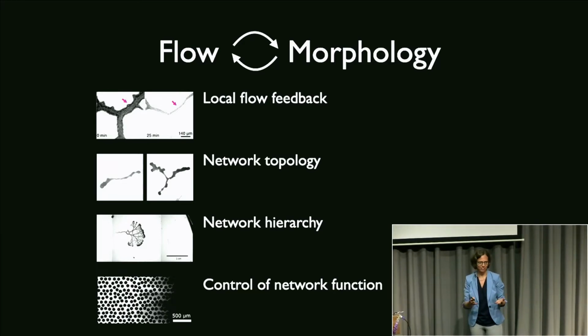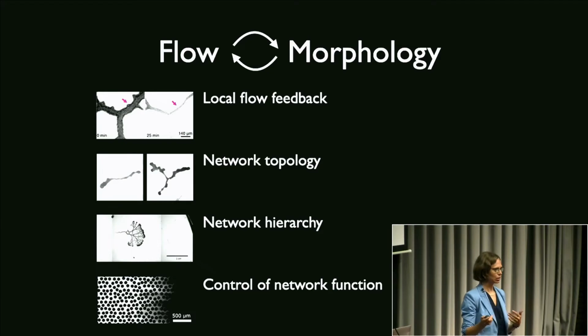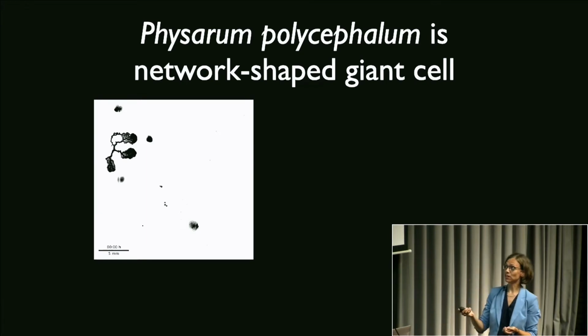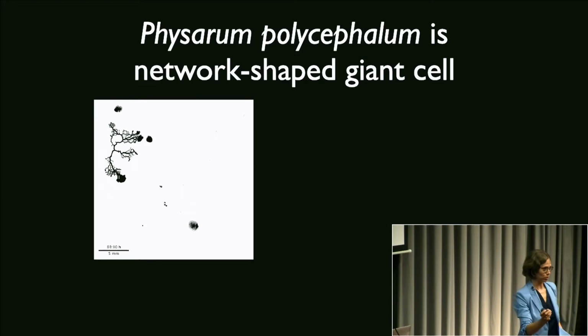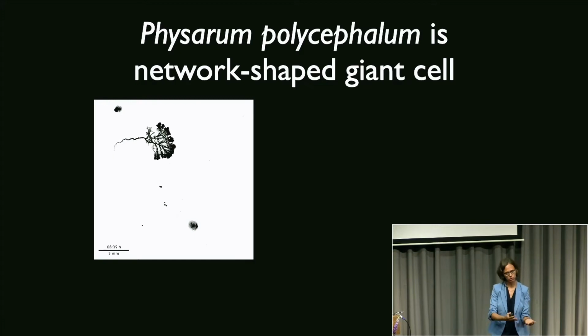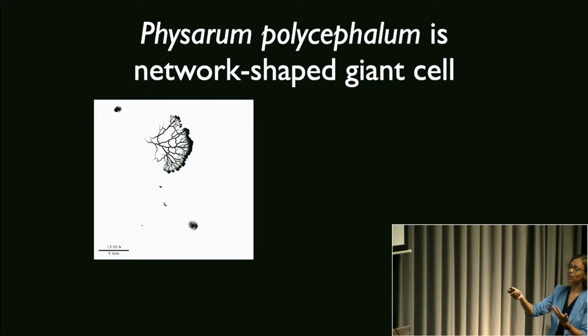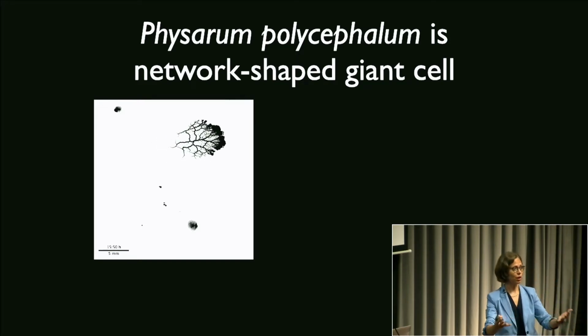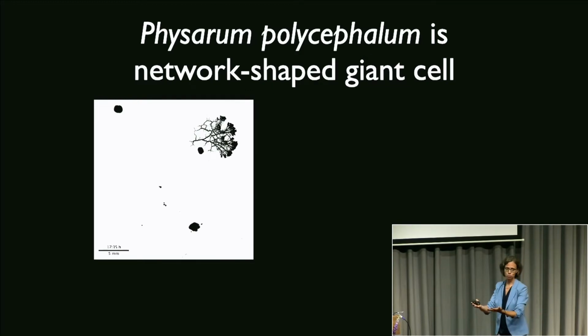But before I dig in, let me tell you a little bit about the system that you saw solving the maze. What I have here is Physarum polycephalum, which is a slime mold. Big disclaimer here: a slime mold, yes, it sounds like we're talking about a fungus because of the term mold. And the reason why it is called slime mold is because it should remind you of the networks that we just saw in Toby's beautiful talk, right?